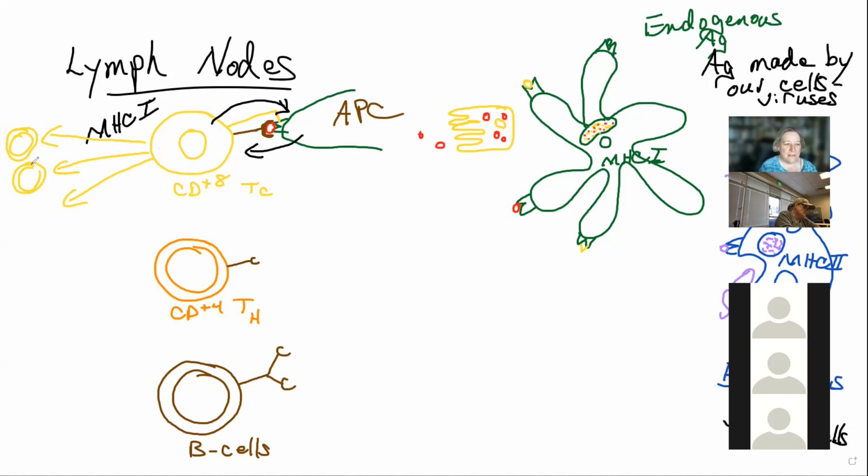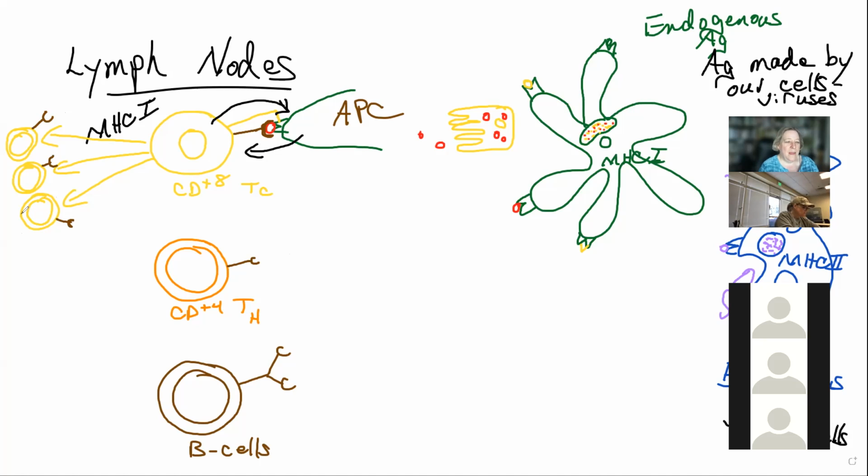Another term for this is clonal expansion, because we are making exact copies, we're making clones. So all of these guys have the same T cell receptor. By the way, these receptors are all over their surface, but just for simplicity, I'm only drawing one.